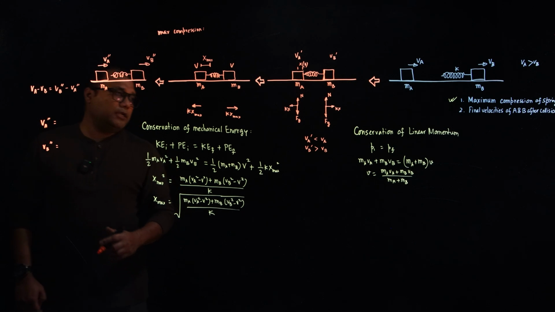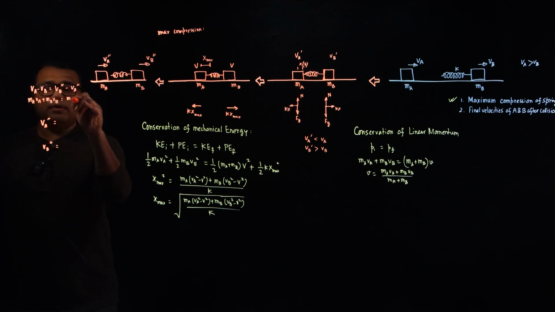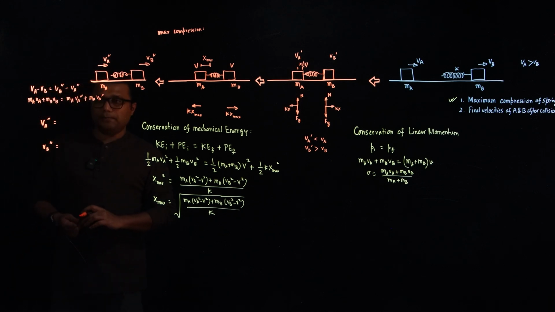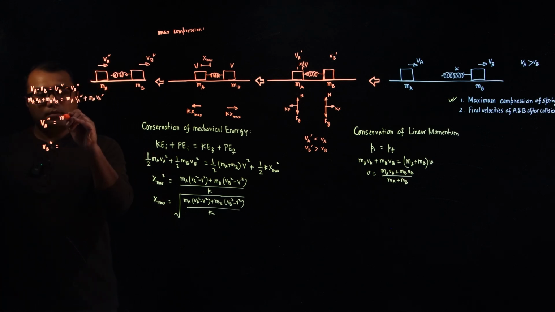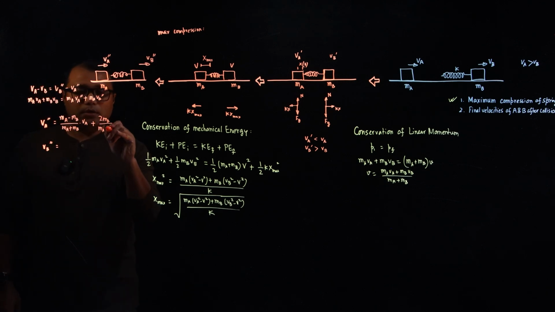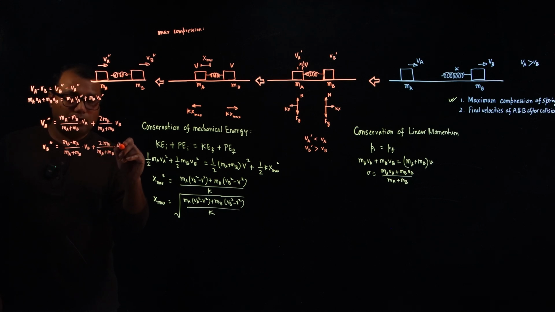And from conservation of linear momentum, we can write m_a v_a plus m_b v_b equals m_a v_a double dashed plus m_b v_b double dashed. I will not work out the steps, but you can find v_a double dashed and v_b double dashed: v_a double dashed is (m_a minus m_b)/(m_a plus m_b) v_a plus 2 m_b/(m_a plus m_b) v_b, and v_b double dashed is (m_b minus m_a)/(m_a plus m_b) v_b plus 2 m_a/(m_a plus m_b) v_a.